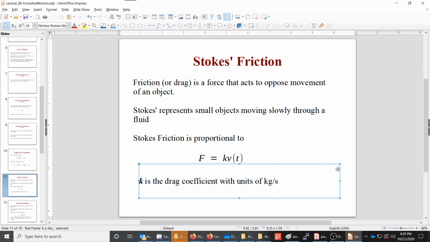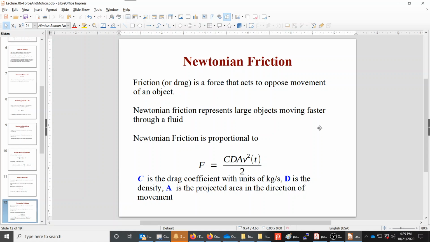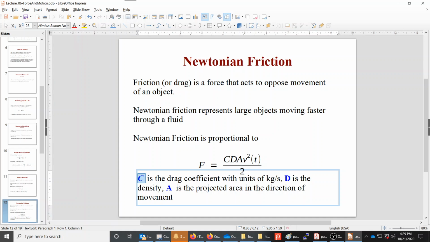It's kind of a simplified version, but the Newtonian friction basically separates the drag coefficient so that we still have a coefficient piece, but it also incorporates the density of the material that we're moving through, whether it's air or water or a vat of oil or chocolate, whatever, wherever you might be. I don't know if you ever find yourself swimming in chocolate, but I'm sure it's got a different density. And so that's the D piece there.